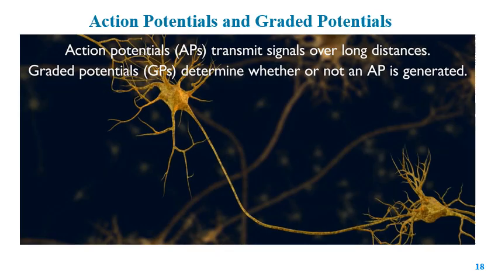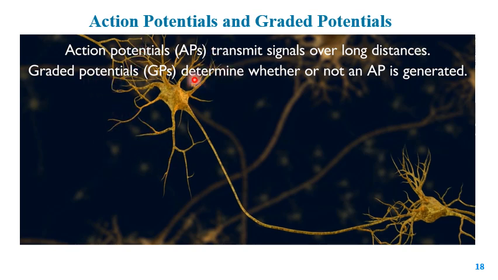All right. So now we get to the fun part of graded potentials. Those are the potentials that are happening at the dendrites, not at the axon. When we're talking about the axon, action potential, once you pass this initial firing at the axon hillock, then this is going to be the all or none type of conduction. But when you're looking here at your dendrites, those are receiving information.